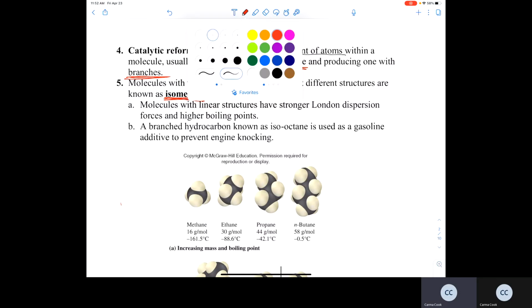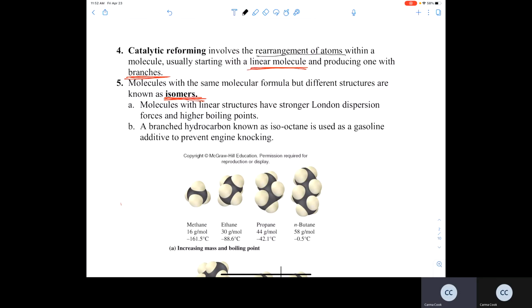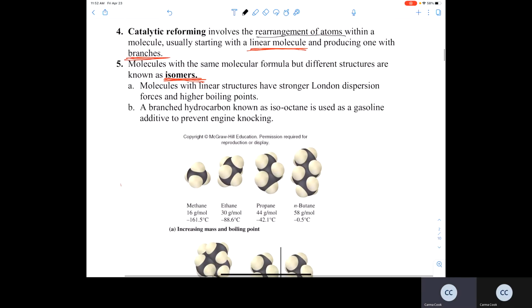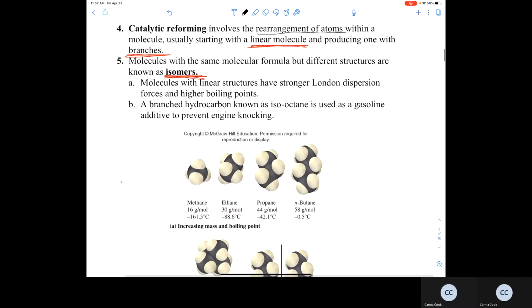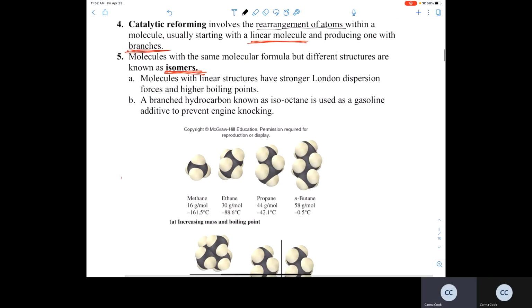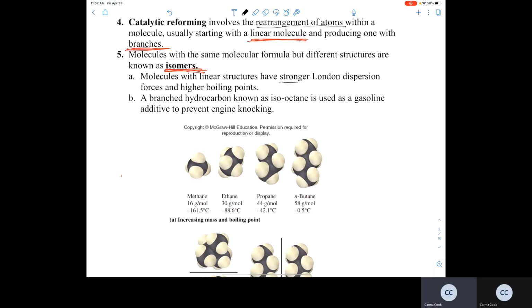So why is the branched version of the alkane different from the linear version of the alkane? Well, the linear alkanes are going to have stronger London dispersion forces and therefore higher boiling points.